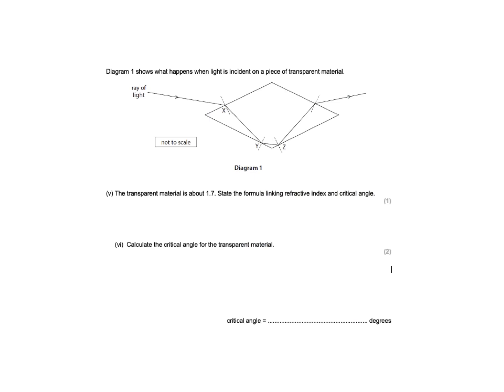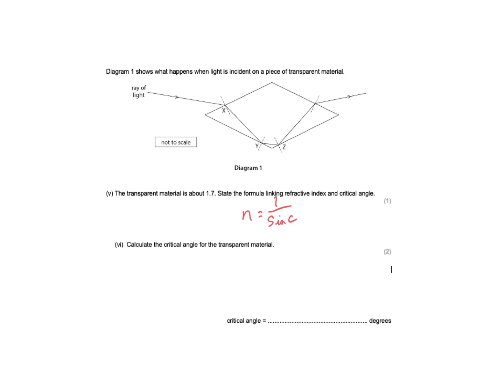We now move on to a question about critical angle, and we have a transparent material here, and there's points X, Y, and Z, and then where it leaves. So the transparent material has a refractive index of about 1.7. State the formula linking refractive index and critical angle, and we have n equals 1 over sine C. Okay.